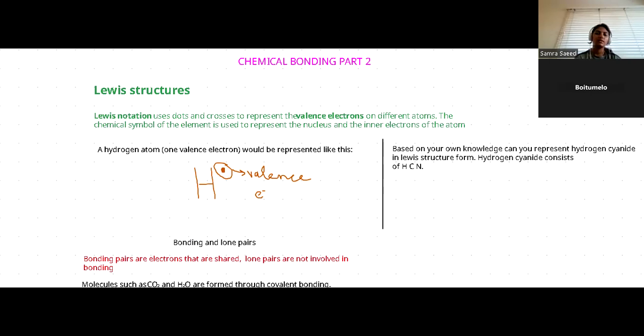Why there are other electrons as well? Why do valence electrons only participate in bonding? I don't know. It's a very important question. So why do valence electrons only participate in bonding?